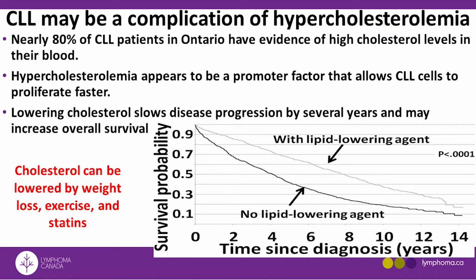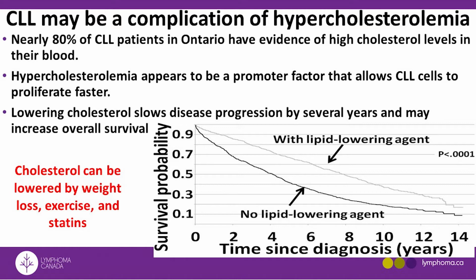So this was from a study that was done at Sunnybrook looking at 10,000 Ontario residents and using administrative databases and correlating a diagnosis of CLL with the use of a cholesterol-lowering agent and basically looking at survival.